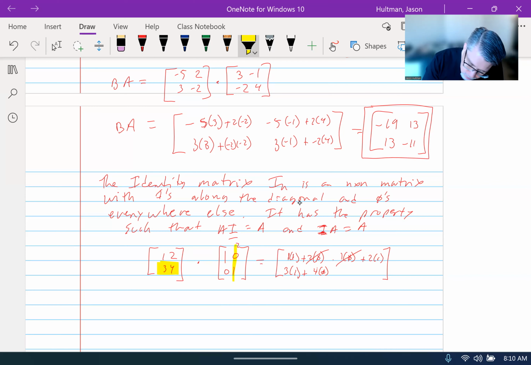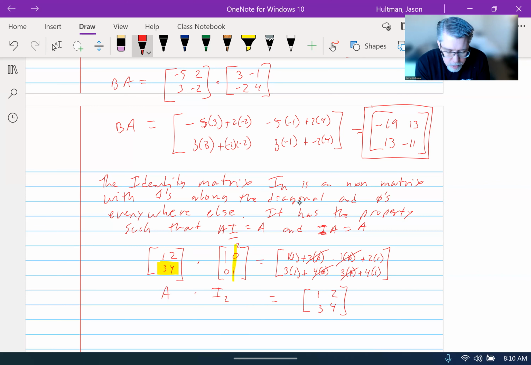The zeros go away, and so I am just left with my original 1, 2, 3, 4. So this was A times I2, where A was a square matrix.